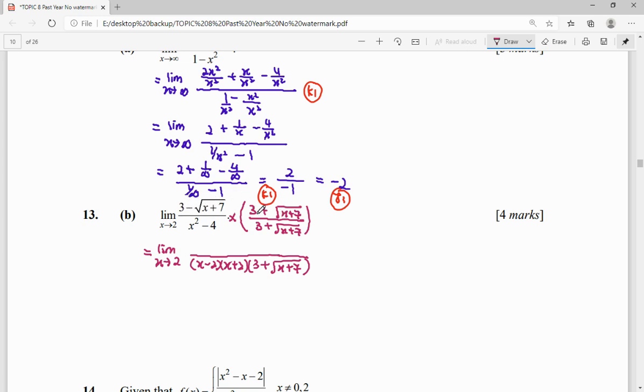A minus b, a plus b will give us a squared, which is 9, minus b squared, which is x plus 7. So when we simplify this, we can get negative x plus 2.